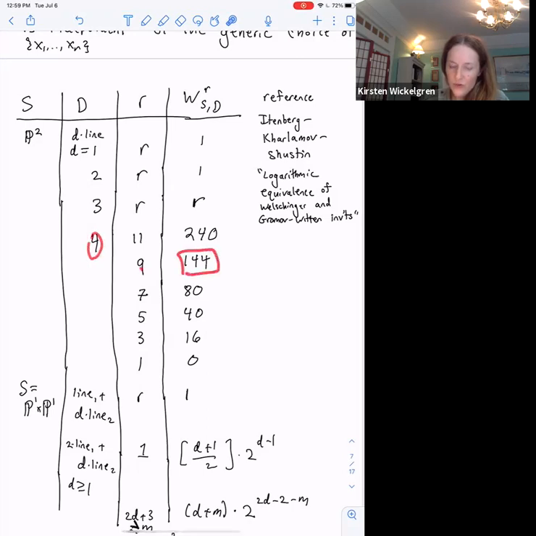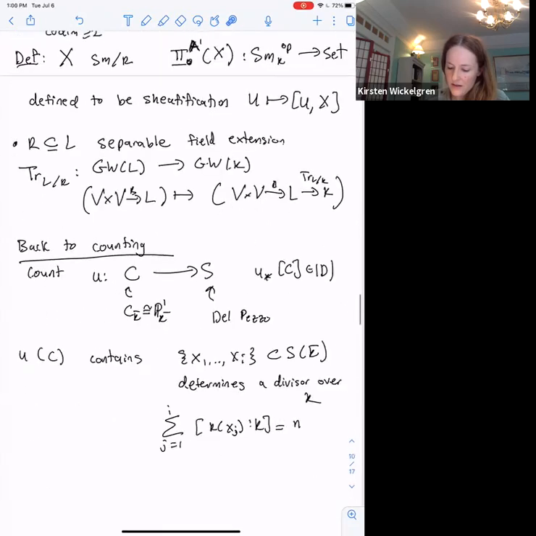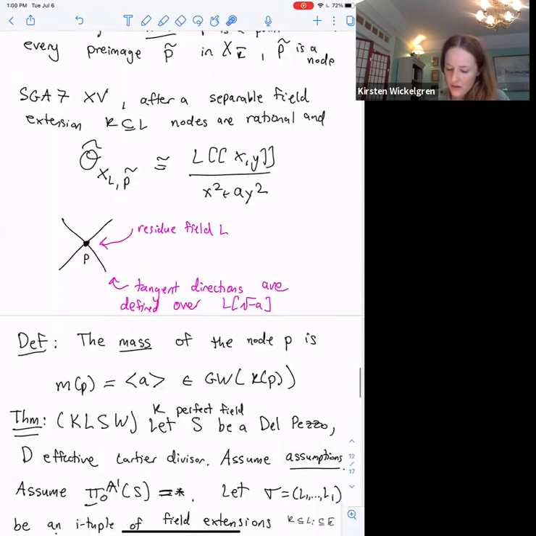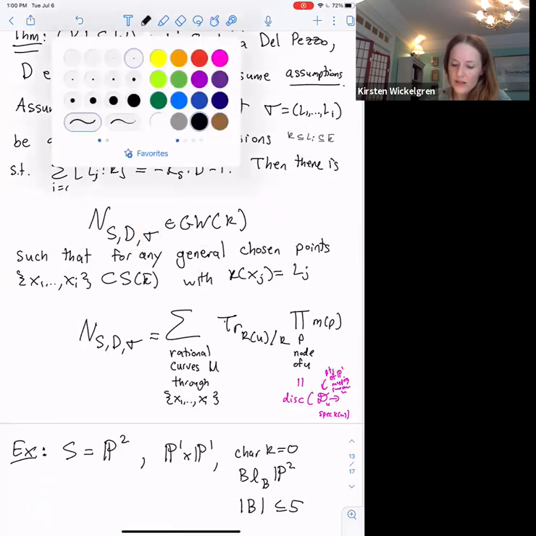And there's a 144 degree count. You get that number by applying the signature to this number with S equals P2, D equals 4 times a line, and sigma being equal to K.